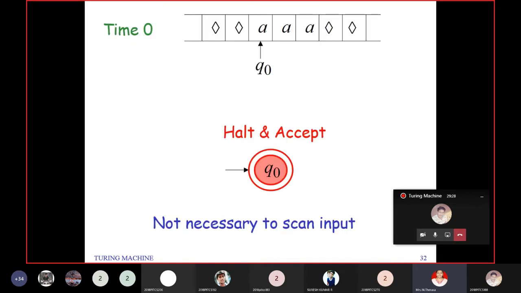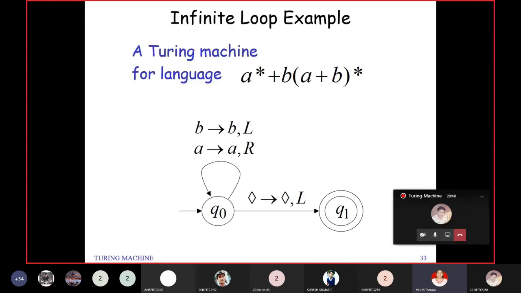Okay. So what happens if you give triple A? Look here. Q naught comma A, it will not make a move, but it is in the final state, isn't it? So if the machine is in the final state, you can say it is accepted. So no need to scan the entire input string.